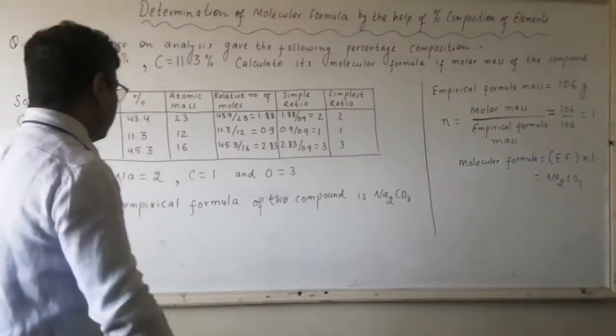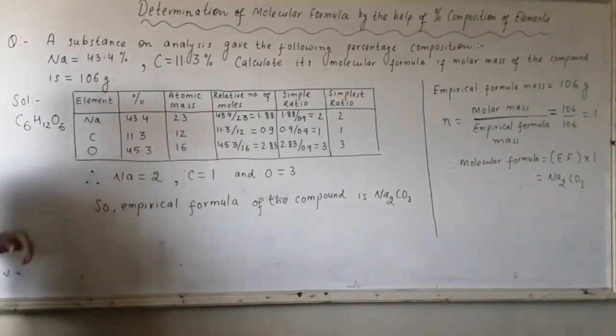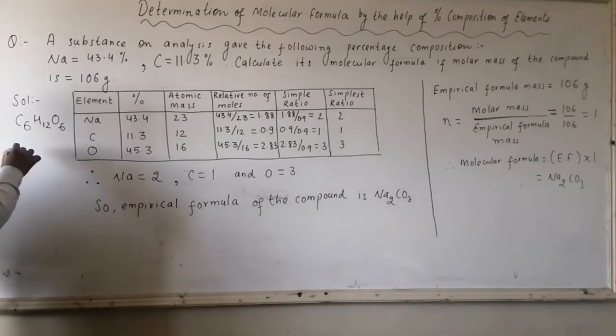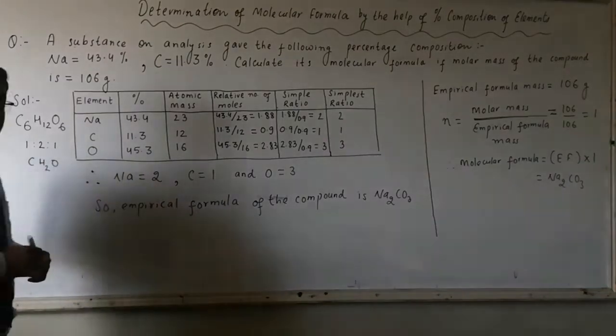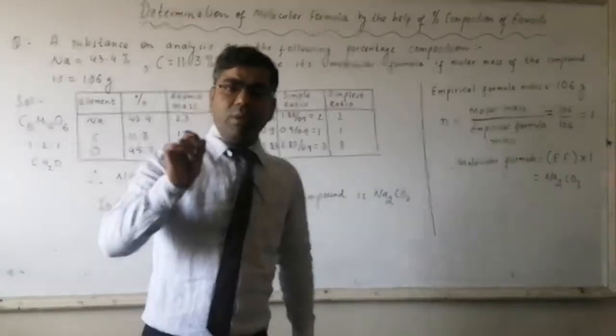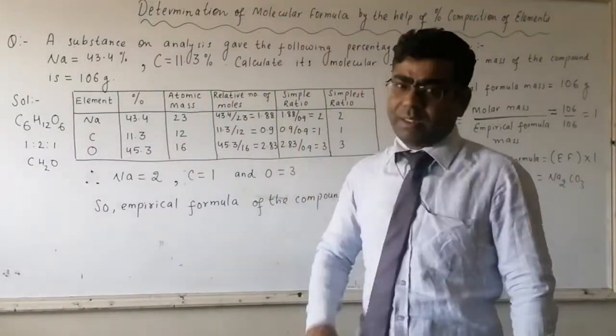So if we want to find out the simplest whole number ratio for this formula, then it will be 1:2:1, or we can write CH2O. One atom of carbon combines with 2 atoms of hydrogen and 1 atom of oxygen.